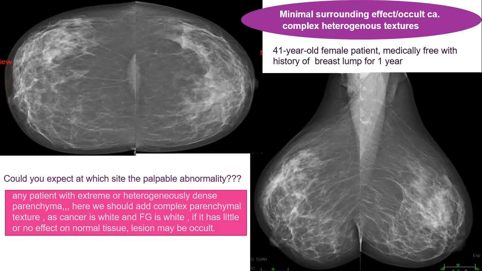Especially if the patient has a palpable abnormality, definitely we expect she might have an occult lesion, probably an occult cancer. So we have to do compression, ultrasound, MRI.